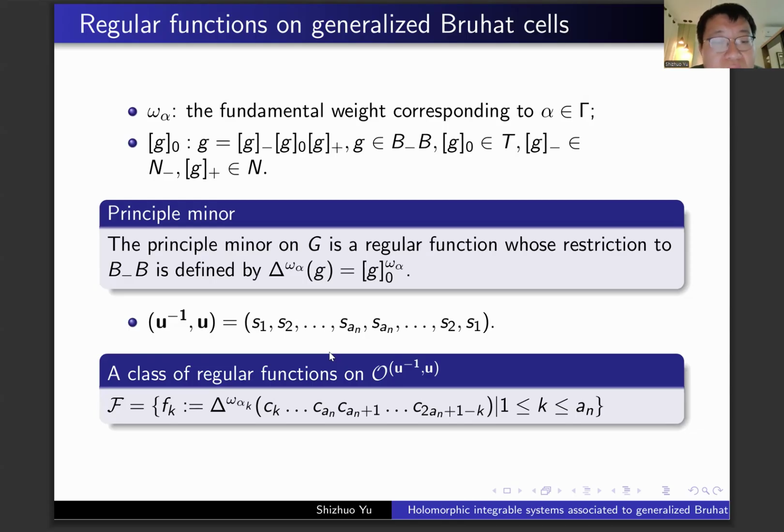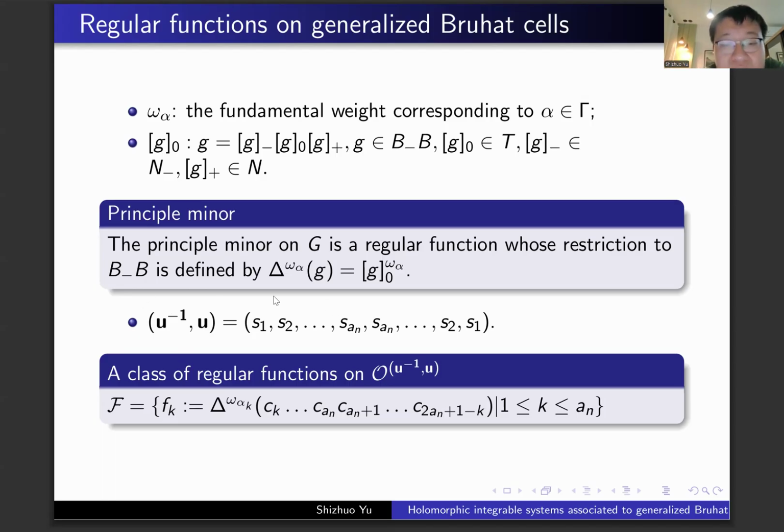Now once we have these principal minors and the generalized minors, we can define a class of regular functions on the generalized Bruhat cell. Here, there is some symmetry in this generalized variable element.